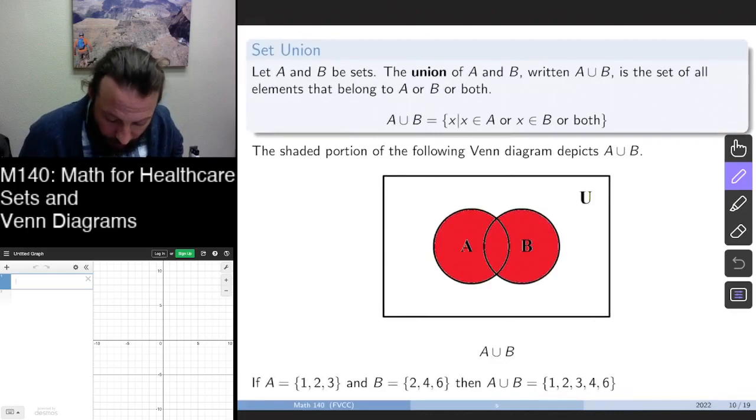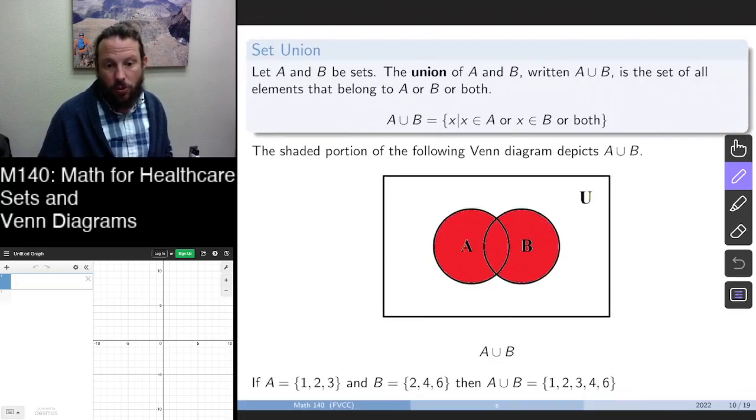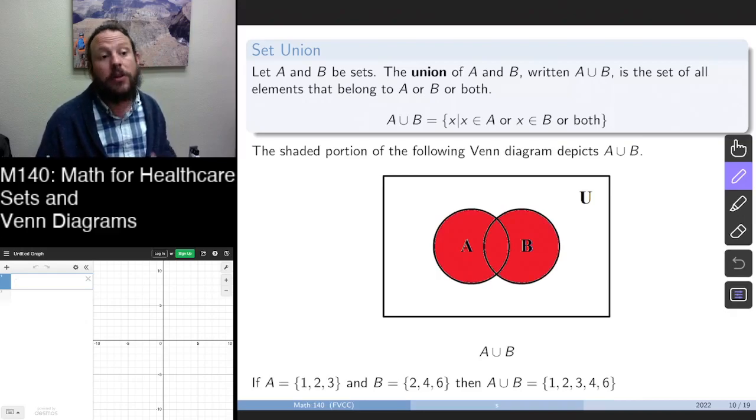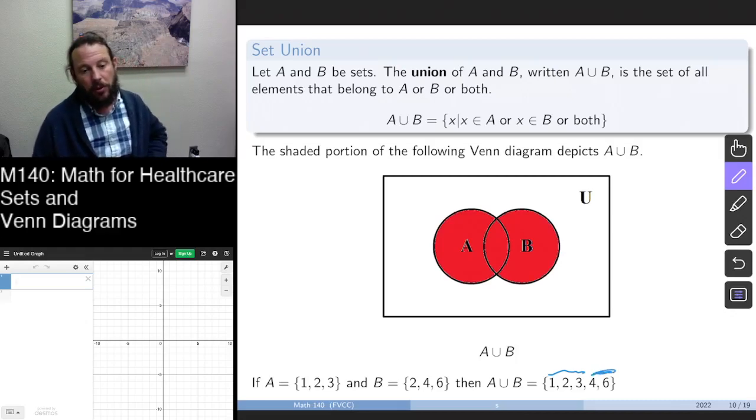So, for instance, if A equals {1, 2, 3} and B equals {2, 4, 6}, then A union B is {1, 2, 3, 4, 6}. The big thing to notice is that unions are generally easier than the next one we learn, because we could simply write down all the things in set A, and then all the things in set B that were not in A. That's fairly easy to list.